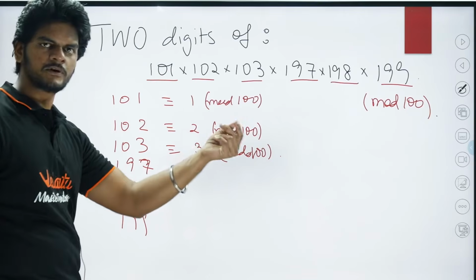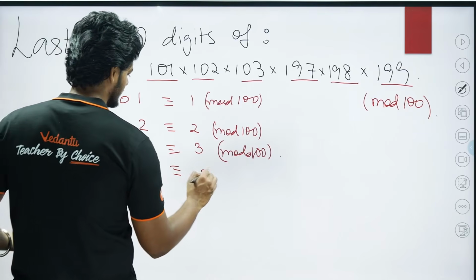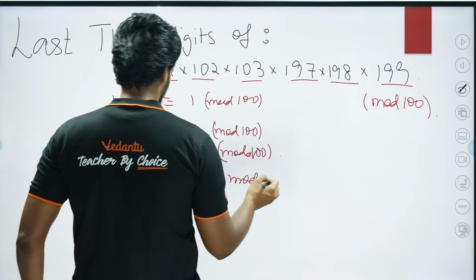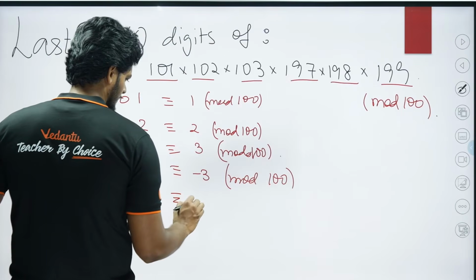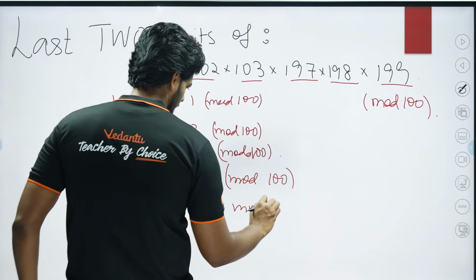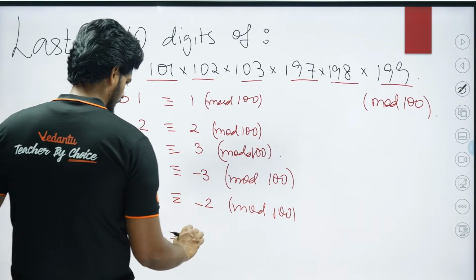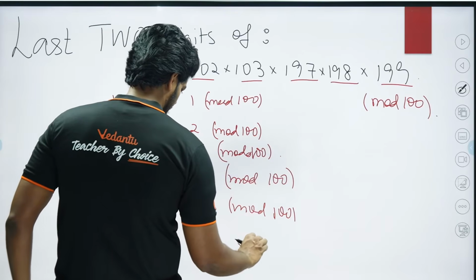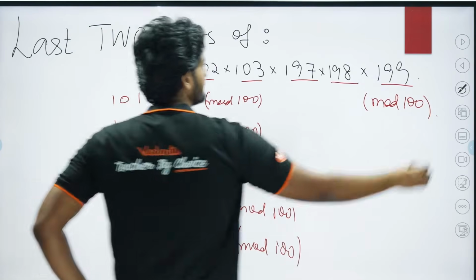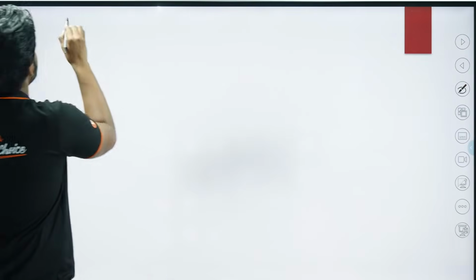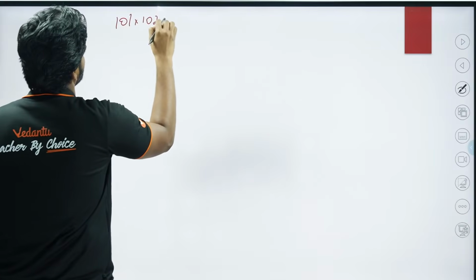Aren't they just a few numbers less than 200? So I can write this as congruent to minus 3 mod 100. This is congruent to minus 2 mod 100. This is congruent to minus 1 mod 100.